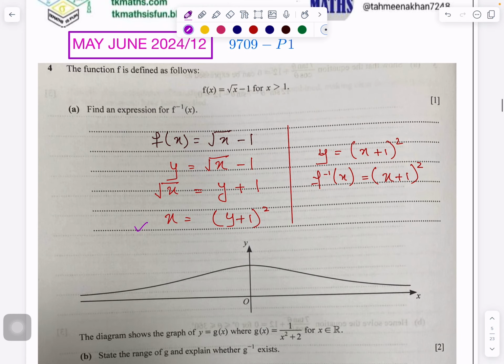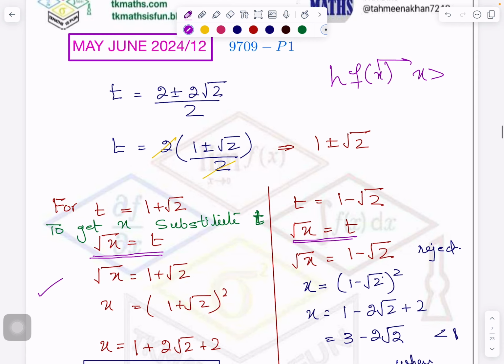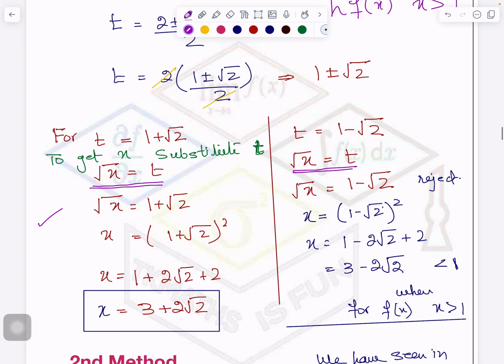So the value of x here is greater than 1. Now when I solved here by this method, I got 3 plus 2 root 2, which is greater than 1. But when I try from this side, I got a value less than 1, so I will reject.